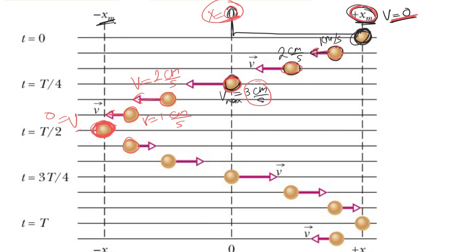So here the velocity is 0. Then again, when it starts to move to the midpoint, the velocity increases until it reaches the maximum velocity at the midpoint, and then again until it reaches plus xm, where the velocity is 0 again.